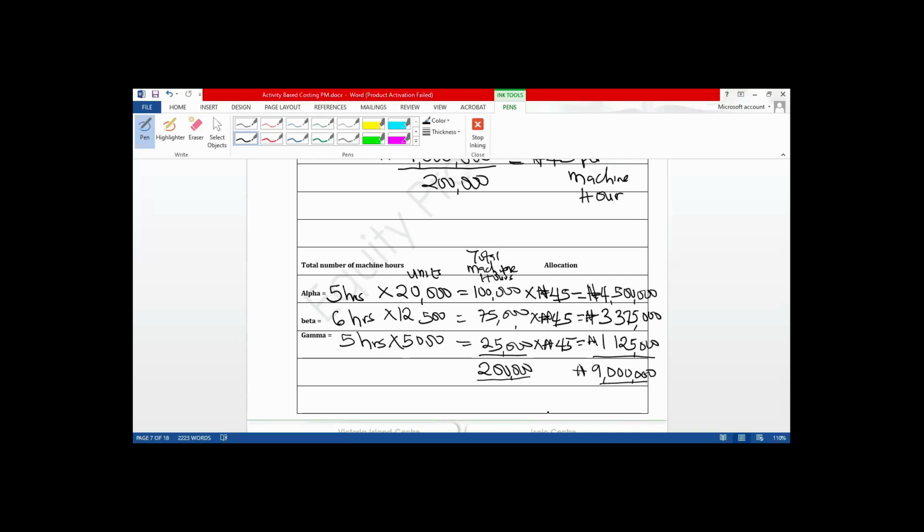We have resolved machine overhead allocation. We have allocated this on the basis of machine hours. That is activity 2. You move to activity 3.